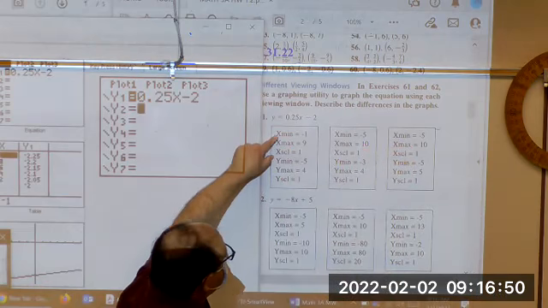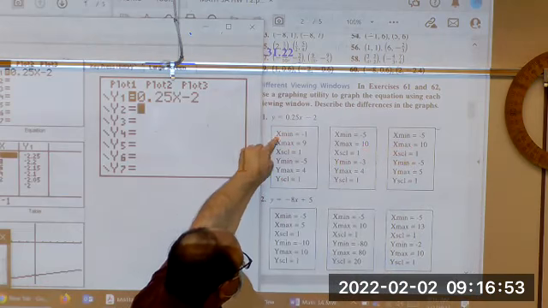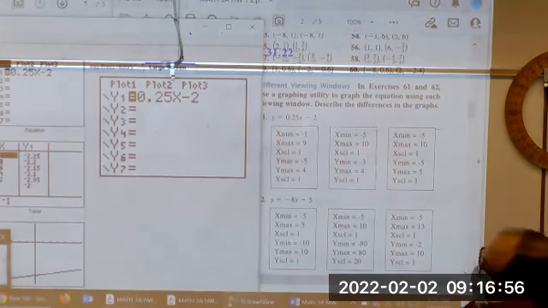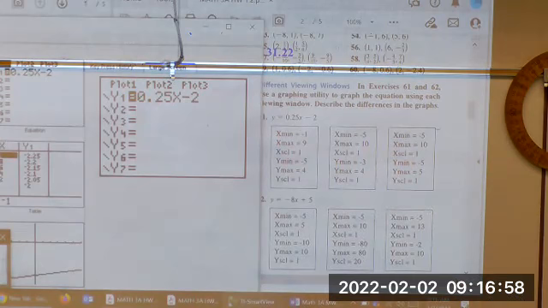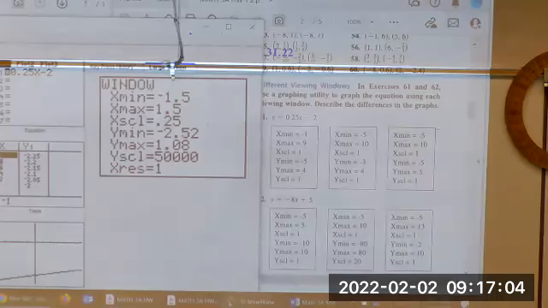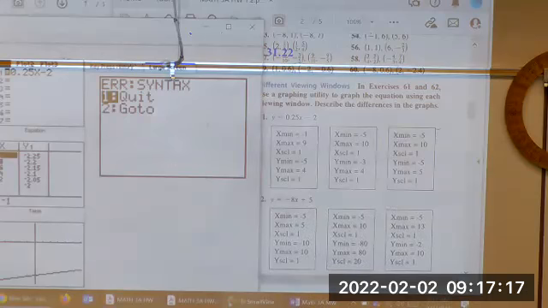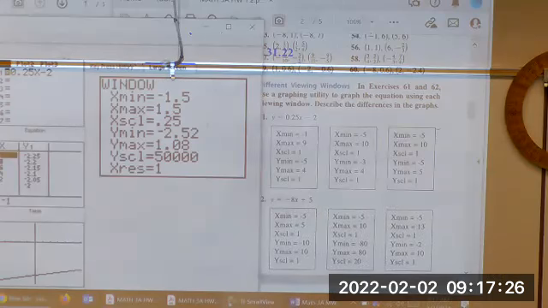Okay. They first want you to take a look at the graph using this as your minimum. So when I go to window, I set my x minimum at -1, and then my x maximum to 9. So basically we type each of those numbers on each of those.